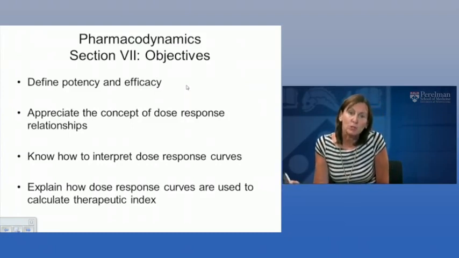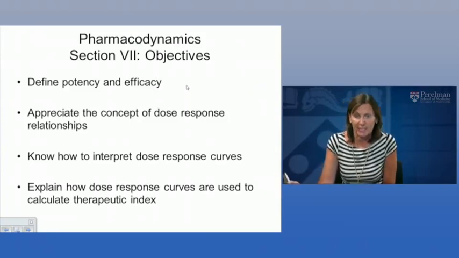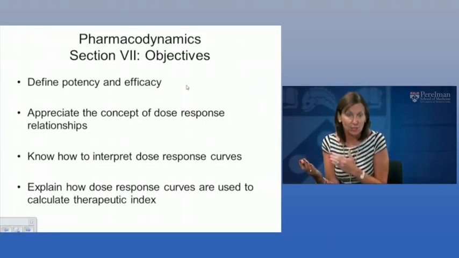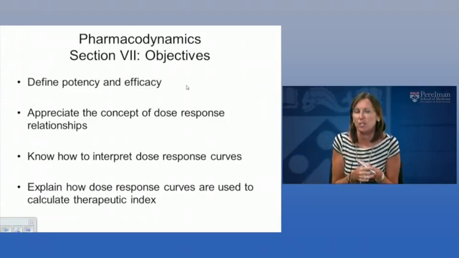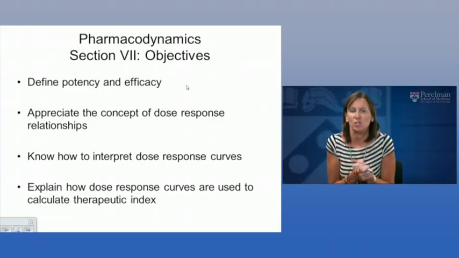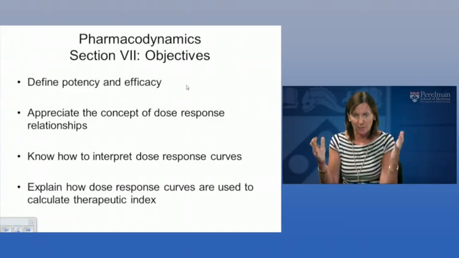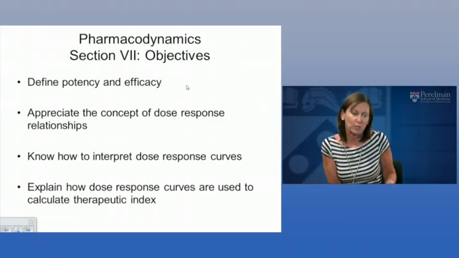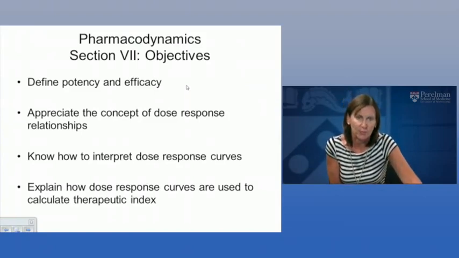To explain how dose-response curves are used to calculate the therapeutic index, how we use this interface between the lethal dose, the demonstrated lethal dose, and the efficacious dose in order to be able to determine what is our window of therapeutic opportunity in which we're able to operate with equanimity.